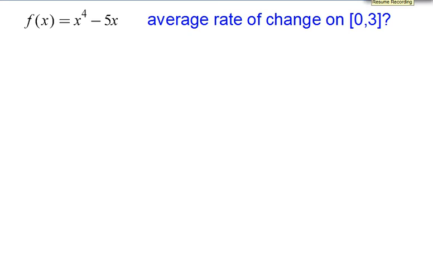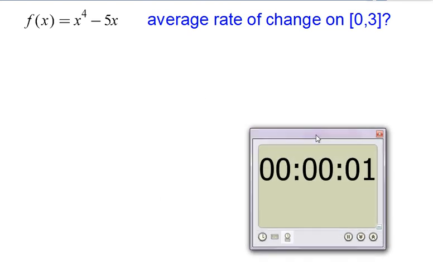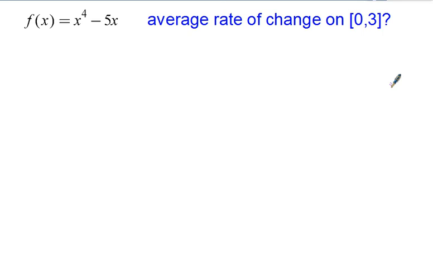Okay, so let's work through this example in the way that we would on an AP test. And so I like to keep my timer up here. Let me count up towards 3 minutes. Okay, so after reading the problem and deciding what we need to do, let me make one further comment before I start the timer.